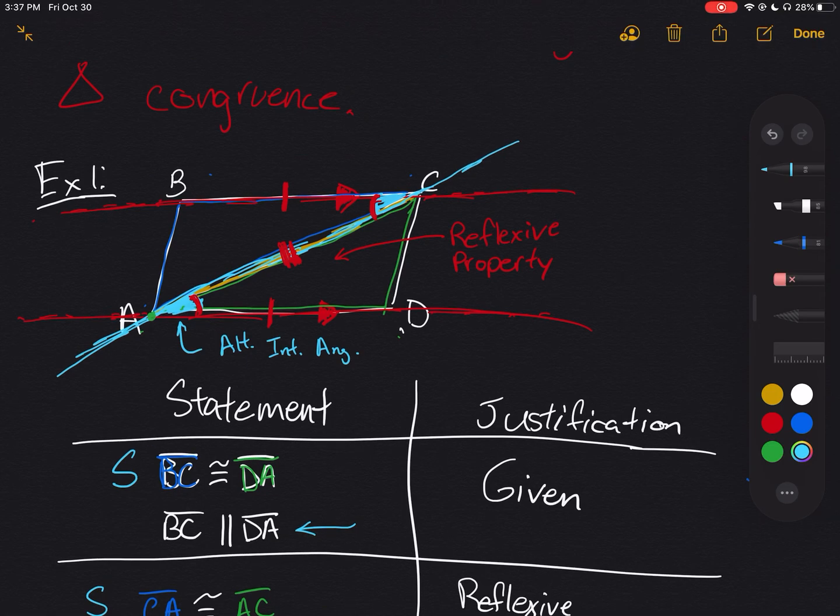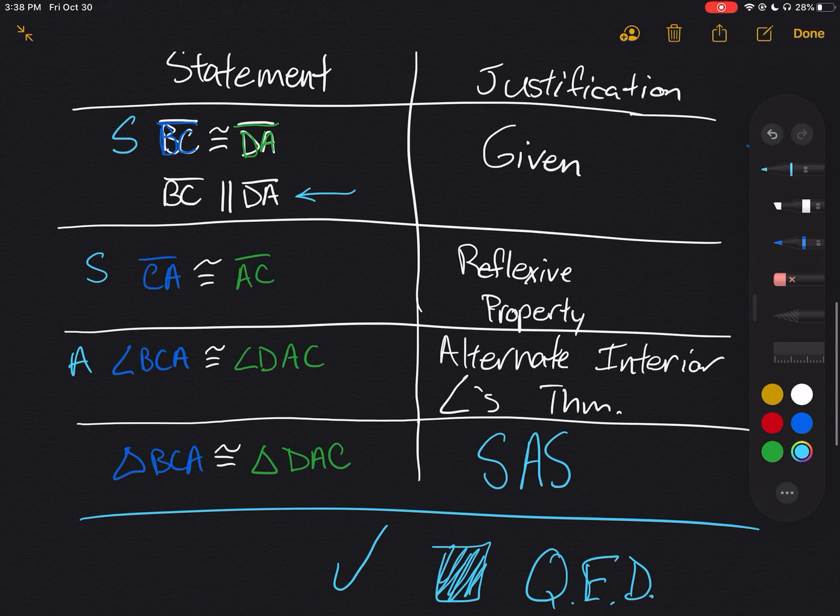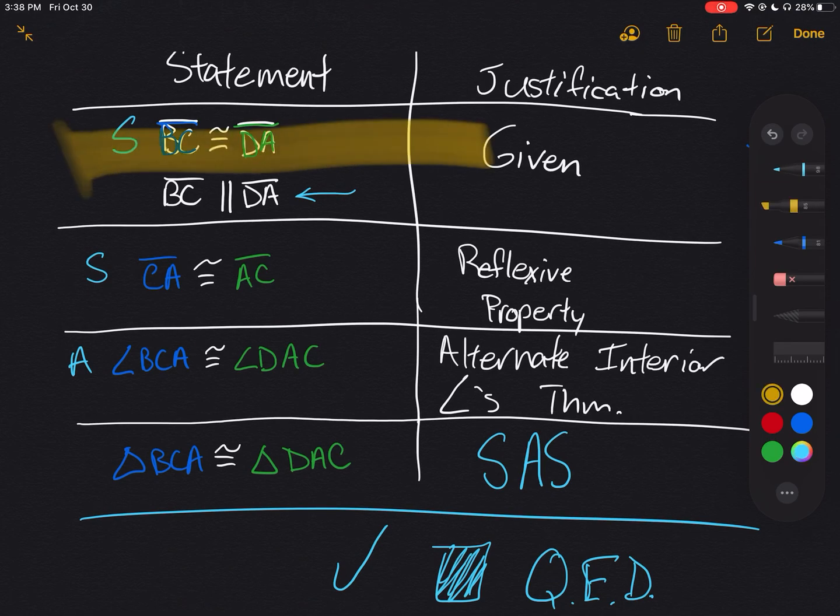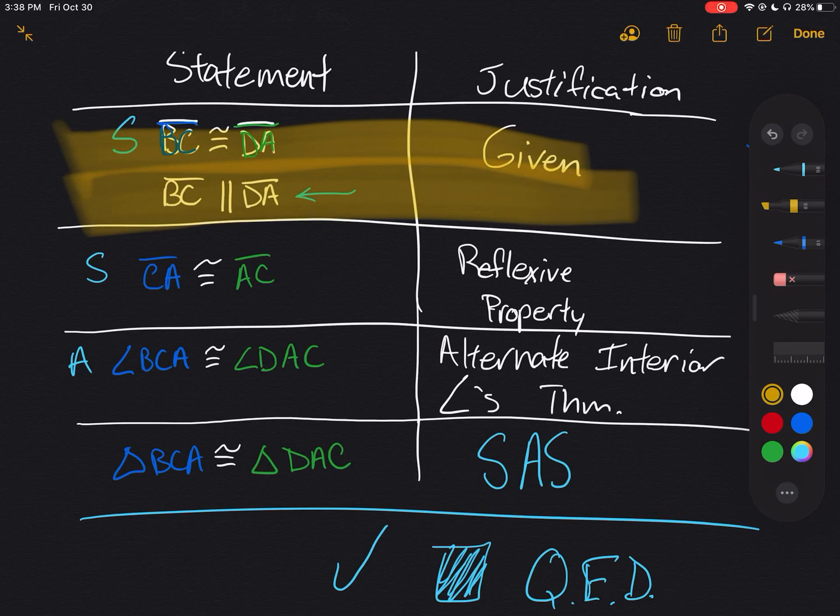I want to mostly go over this in class. You've seen it now, but this is sort of a tough thing that we just need to practice and work through. A couple of takeaways, though, is that your first statement here should always be your givens, and your last statement should always be your final statement of what you're trying to prove. So I was trying to prove triangle congruence, and I did that, and why, right?